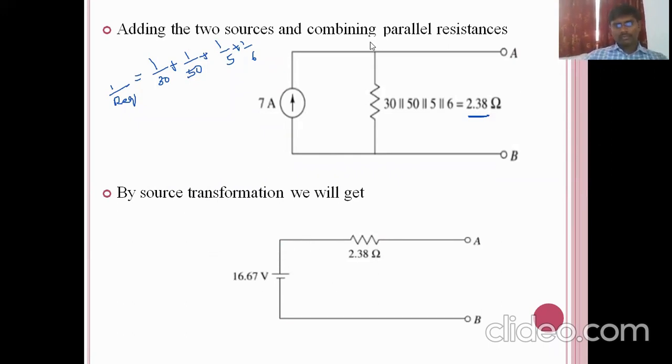V is equal to I into R, where I is equal to 7 and R is equal to 2.38, which gives 16.67 volts. Then the resistance remains the same. In this way, we can apply the source transformation to convert a current source into an equivalent voltage source.